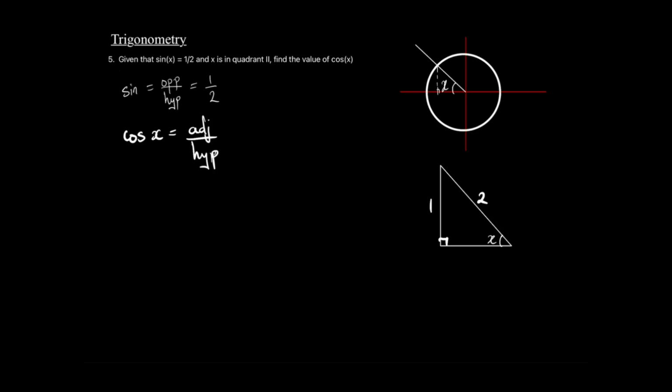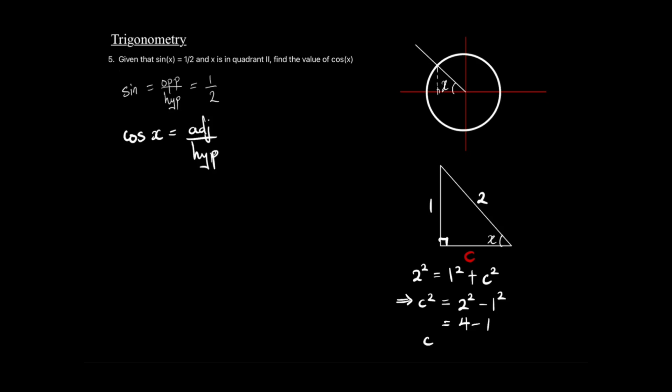Let's call the adjacent c. And so from Pythagoras theorem, we know that 2 squared equals 1 squared plus c squared, which implies that c squared equals 2 squared minus 1 squared, which equals 4 minus 1.